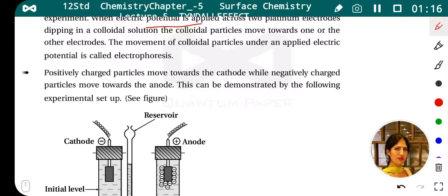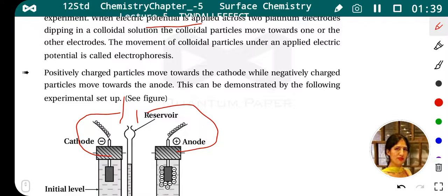And this colloidal solution is negatively charged. The electric field is applied from outside, so from the battery the negative part is connected to this terminal and the positive is connected to this terminal.